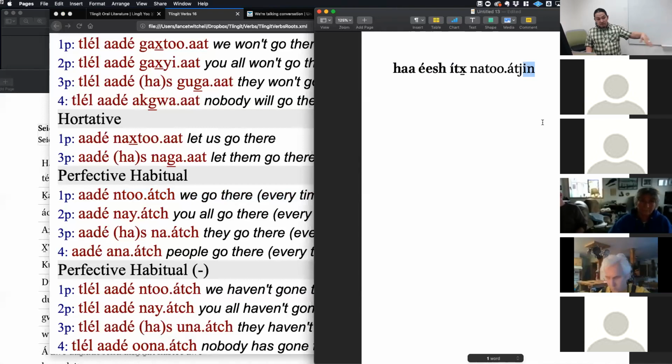Our dad's not here anymore, so we're not following him, but this is something we used to always do. So this is how you would use a habitual for following. It is to just follow something around, and then to put the decessive on the end, which causes the CH to change to a J. Okay?